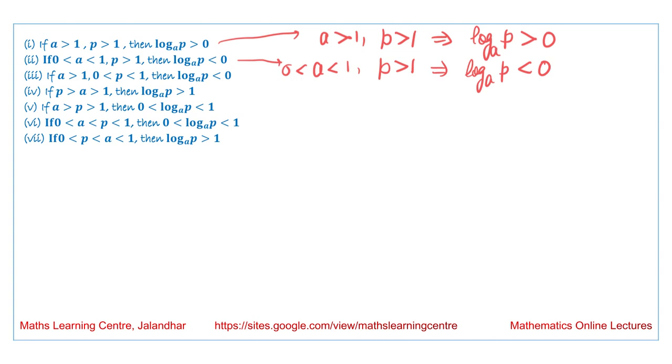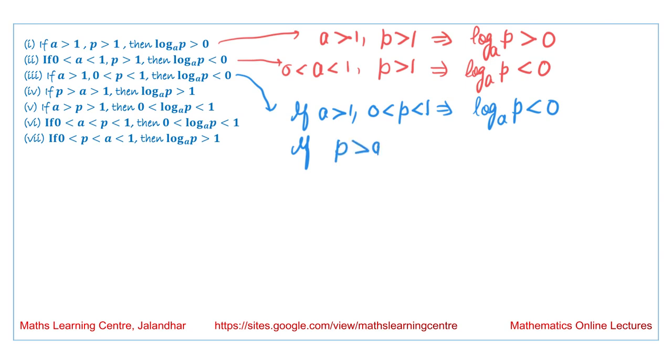Next, if a is greater than 1 and the value of p lies between 0 and 1, then log p to the base a is less than 0. And if p is greater than a is greater than 1, then log p to the base a is greater than 1.